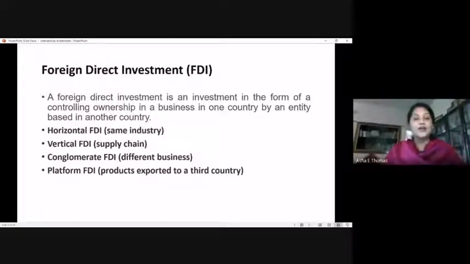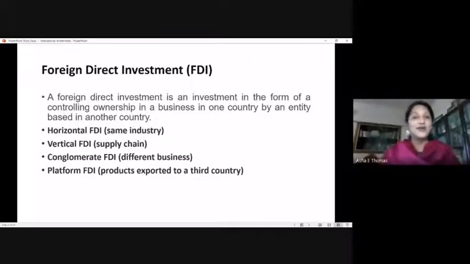And platform FDI is very common, very popular in perfume manufacturing companies. They have their head office in one country. Maybe the manufacturing process happens in another country, taking care of the availability of raw materials. And most of these products will be taken to a third country for marketing and sales.